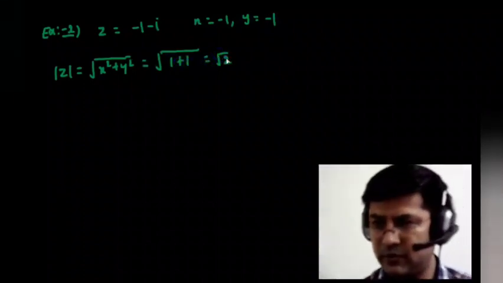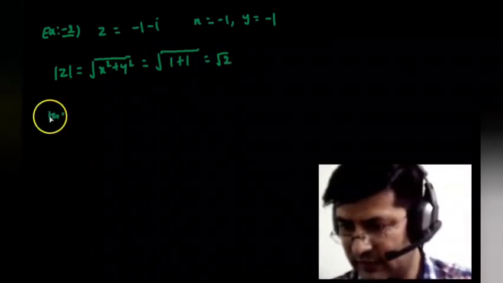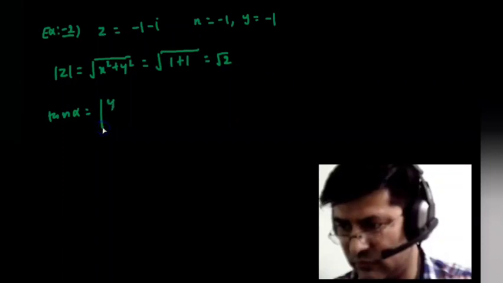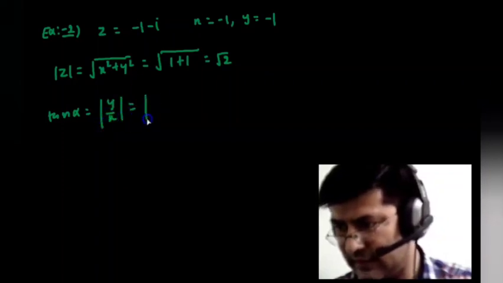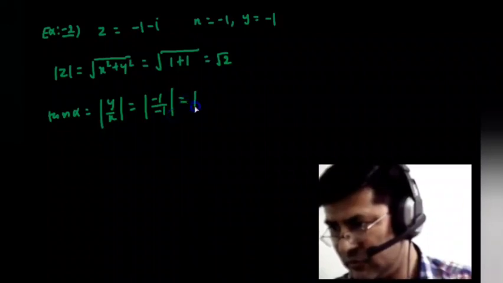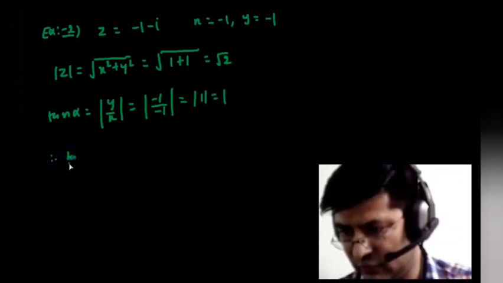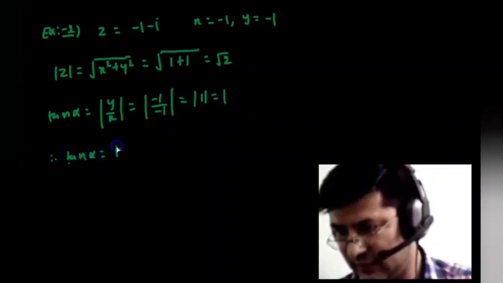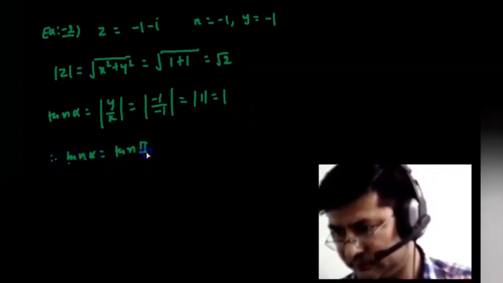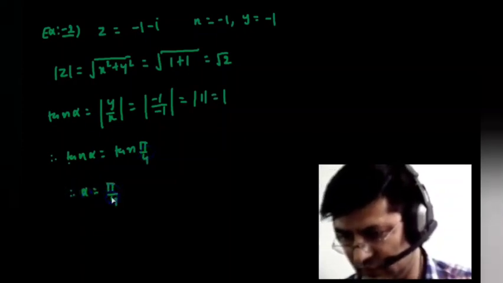This is the modulus. Now the argument of z. For that, tan alpha is equal to modulus of y by x, which is modulus of minus 1 upon minus 1, modulus of 1 is equal to 1. Therefore tan alpha is 1, and therefore alpha is pi by 4.